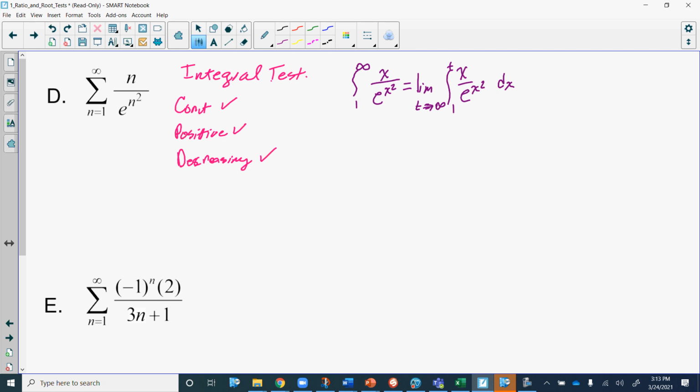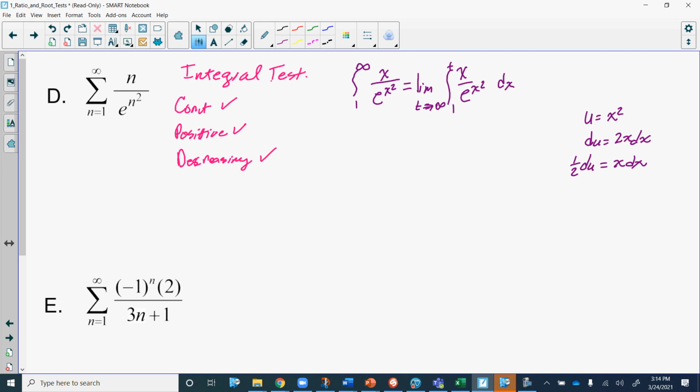If I do u substitution, if I say u is going to be the x squared term, then du will be 2x dx, which doesn't match what we have here, so I have to say 1/2 du is equal to x dx, and now we have something that matches. So a constant of 1/2 is going to come out here.